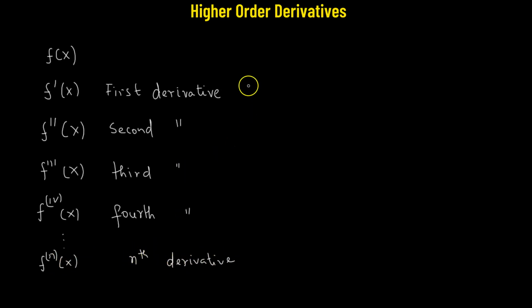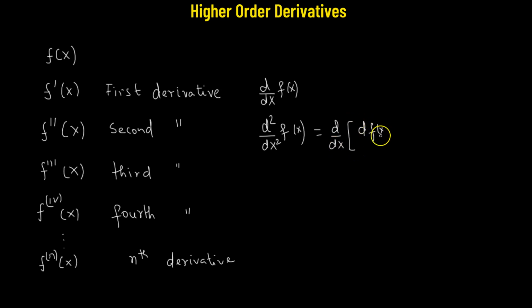Now there is another notation. The first derivative is given by d/dx of f(x). The second derivative will be defined as d squared over dx squared of f(x). This is actually the same as saying we have the differentiation with respect to x of the first derivative df/dx.